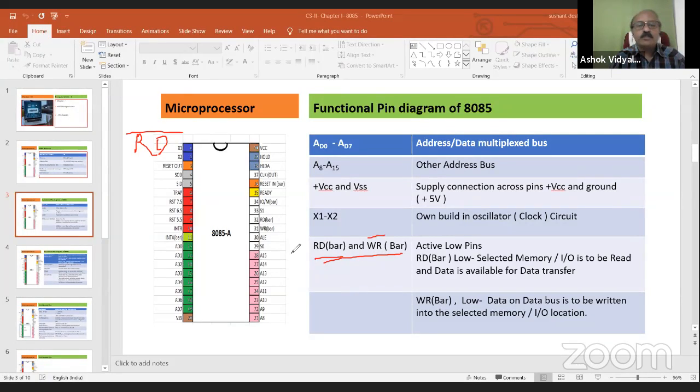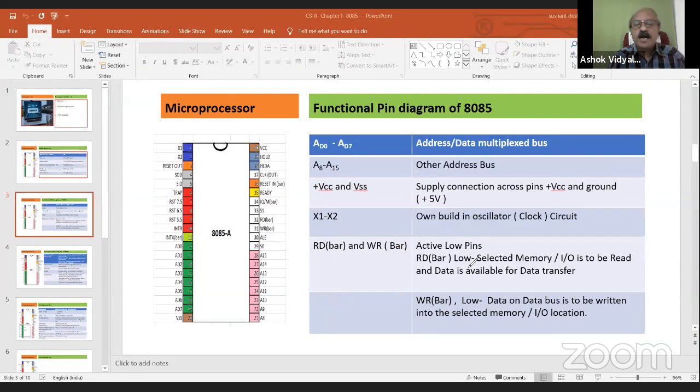So we just keep a horizontal line above this. Even if I have written here as RD in brackets bar and WR in brackets bar, it is actually written as RD and WR with a horizontal line above the word.